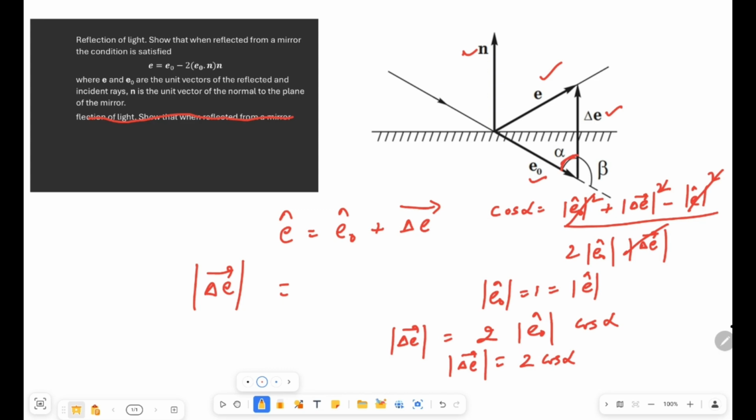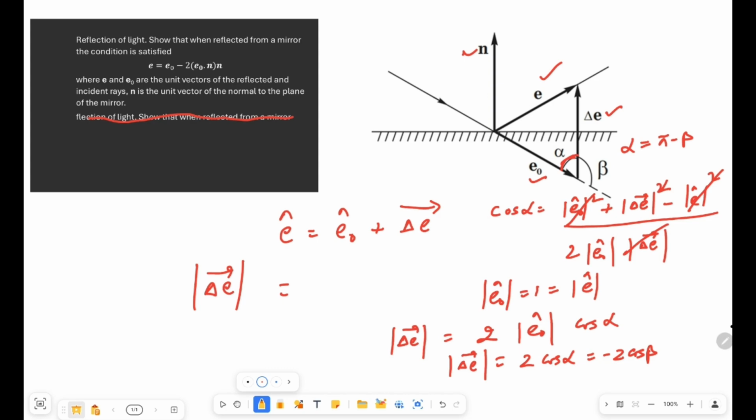And alpha is equal to, because alpha plus beta equals pi, alpha equal to pi minus beta. If I put beta here in place of alpha, then it will become minus 2 cos beta simply.